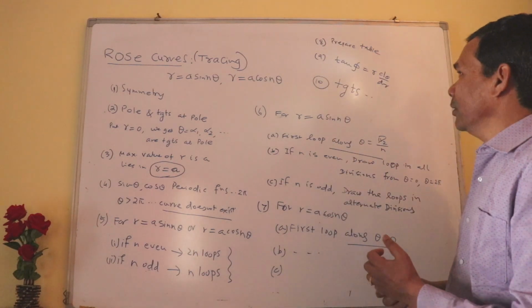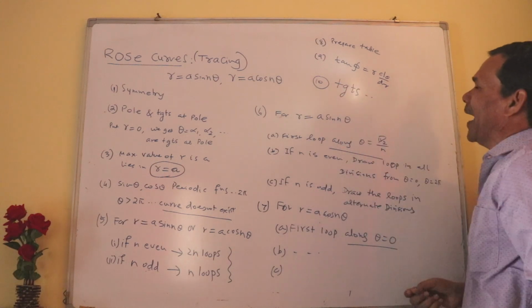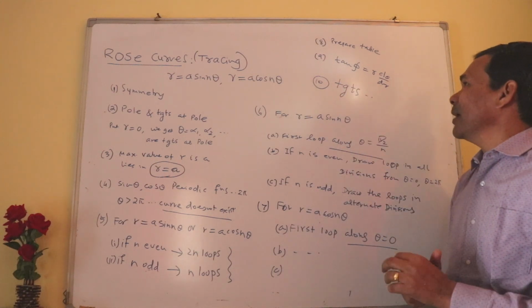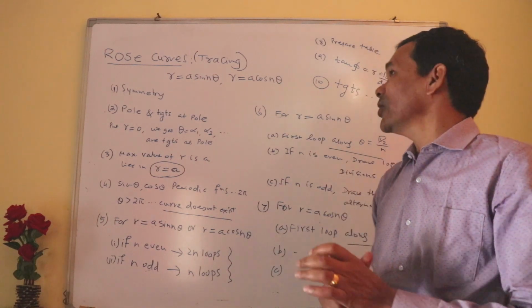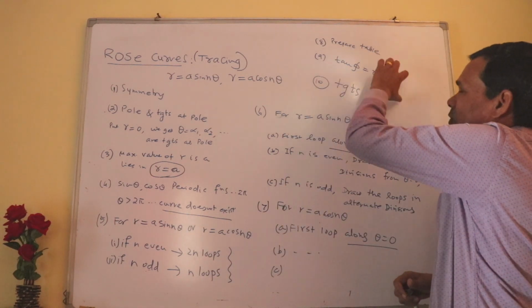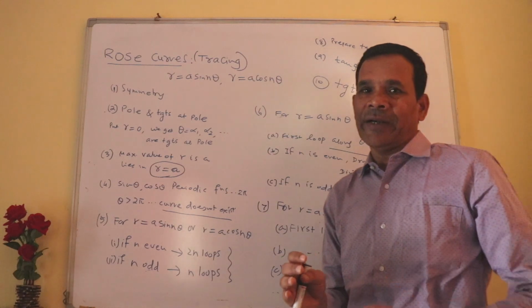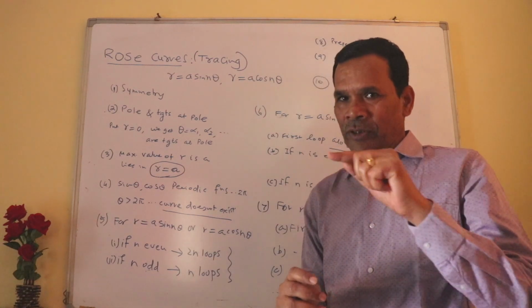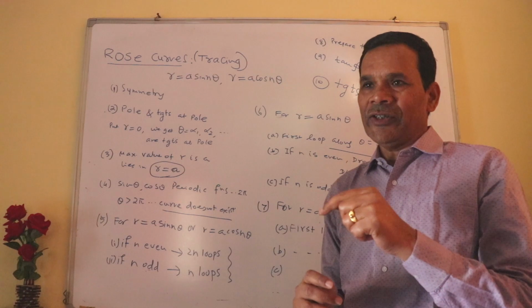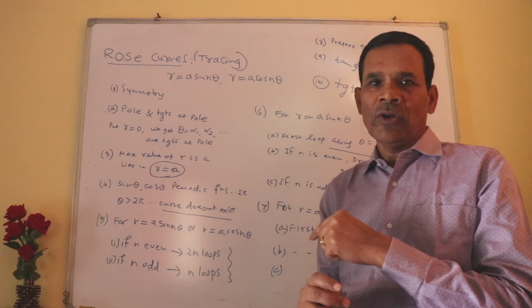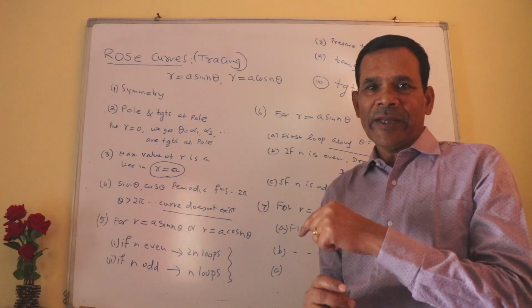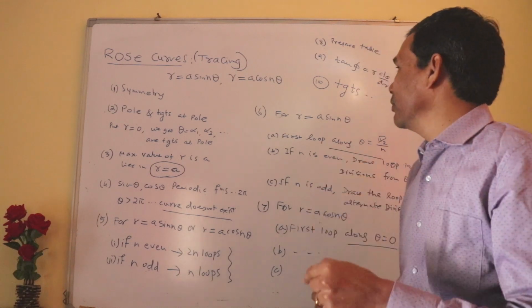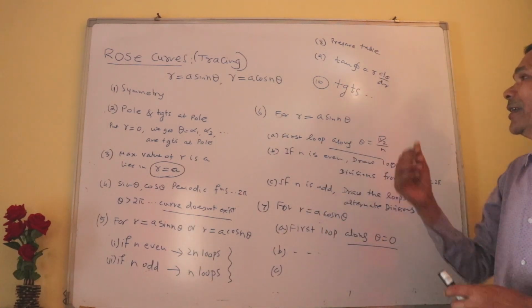Similarly, we find tan phi, which is r d theta by dr, the angle between the radius vector and the tangent, and this gives the direction of the curve tangent at a particular point for the loop. The direction of tangent, whether it is theta is equal to 0 or theta is equal to pi by 2, whether it is perpendicular to theta is equal to 0; sometimes we get the tangents that way.